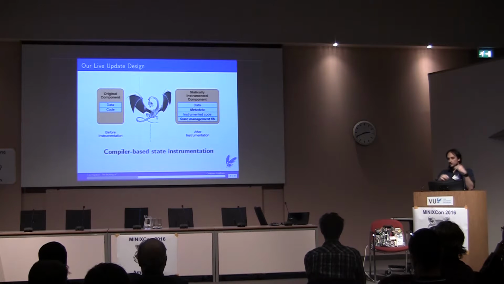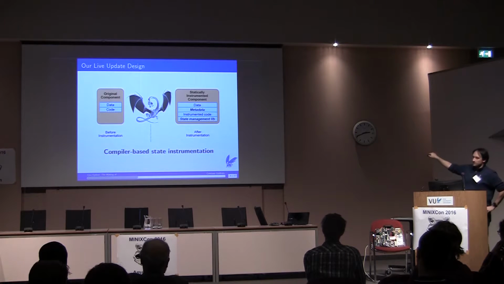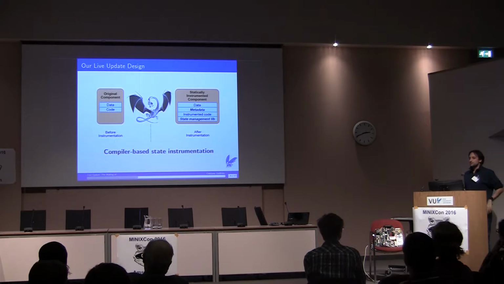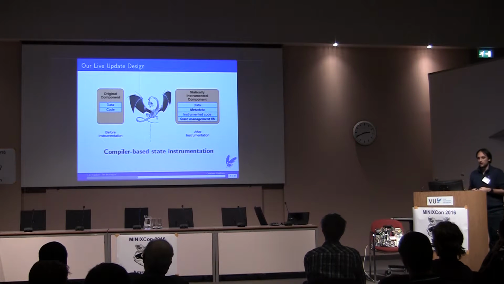In other words, describing all the data structures and the pointers between them, comprising the entirety of the program state. And then we export this metadata information to a state management library, to our runtime system, essentially, which parses the metadata to do runtime state introspection and automate tasks such as state checking, state transfer across different process versions.